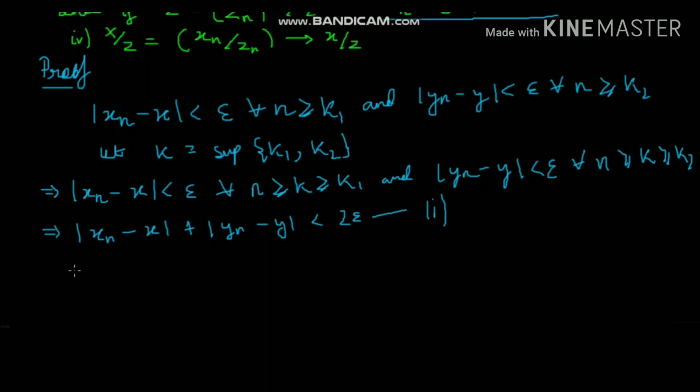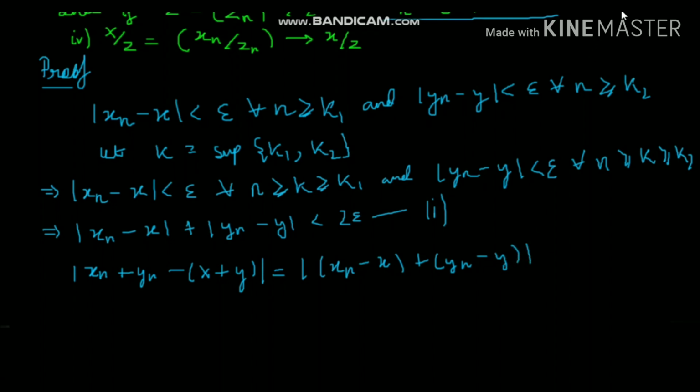Now we need to show that the sequence xn plus yn converges to x plus y. So from the limit of a sequence, we need to show that the mod value of xn plus yn minus x plus y should be less than epsilon, where epsilon is an arbitrary positive value. So just doing some manipulation, we can write that the mod value of xn plus yn minus x plus y is actually equal to the mod value of xn minus x plus yn minus y.